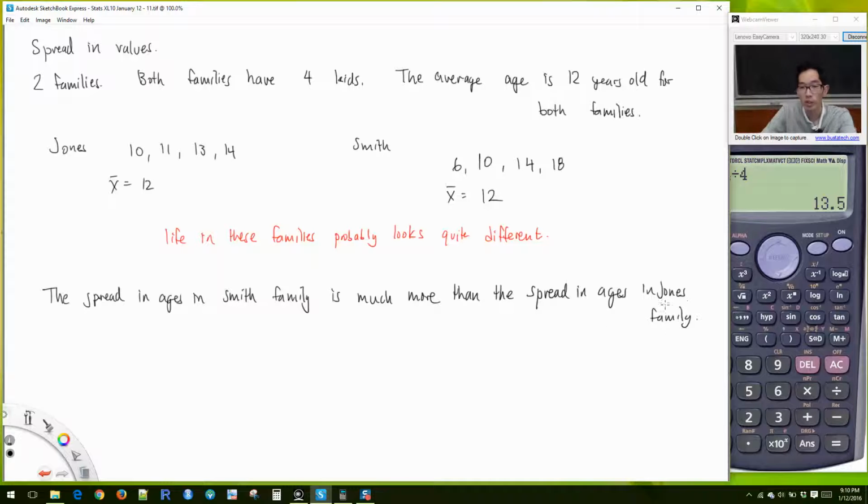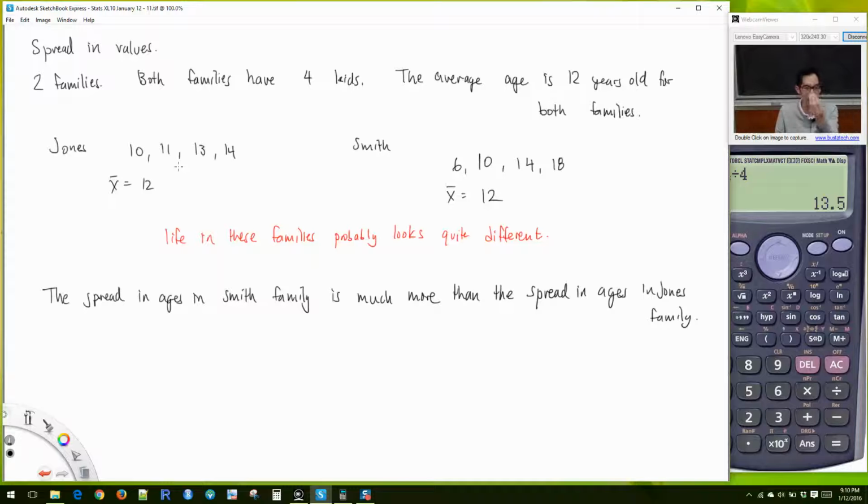And so we have a numeric summary to capture this idea of spread. Right now, because the example is so simple, it's easy to say this has high spread and this has low spread. But you can imagine for a larger data set, we don't want just loose terms of large spread and low spread, and it might be useful to have an actual number that says this is the amount of spread that we have.